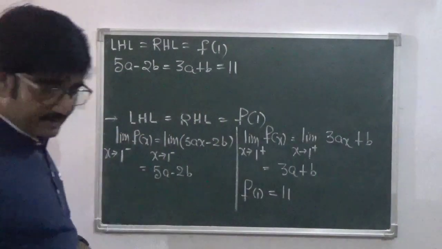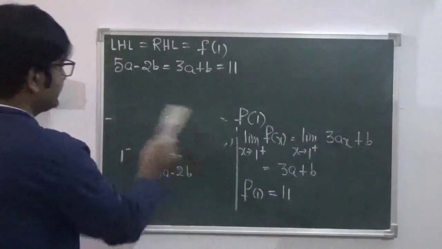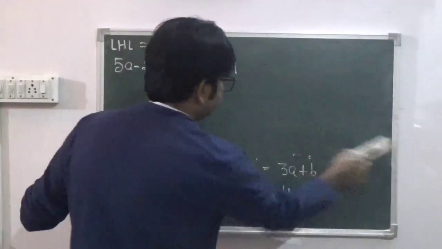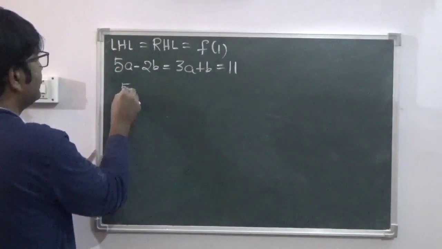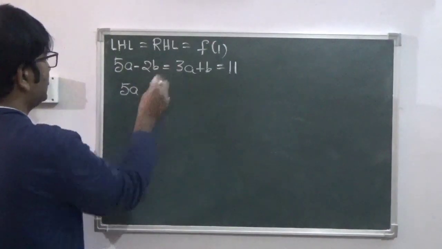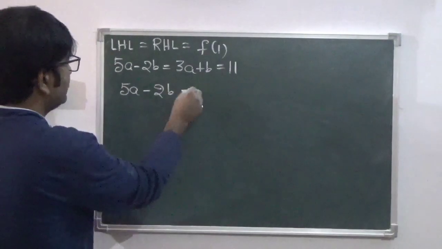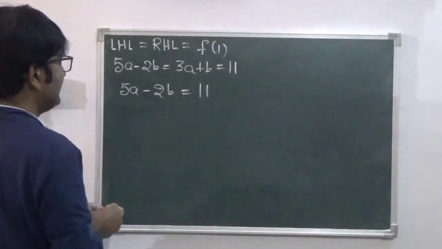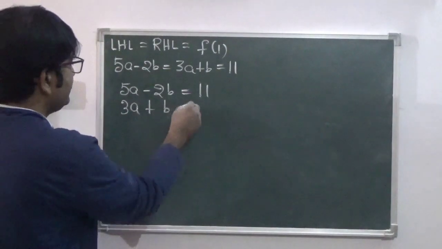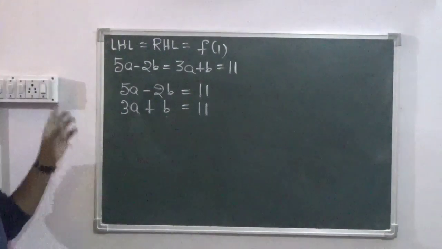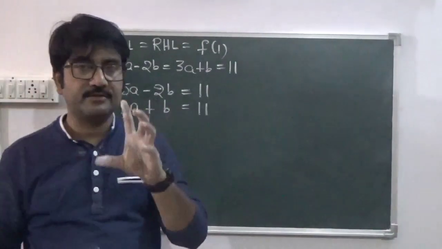Okay, now we separately write the equations like this. So you can write 5a minus 2b is equal to 11 and 3a plus b is equal to 11. These are the two equations which you have to solve and get the values of a and b.